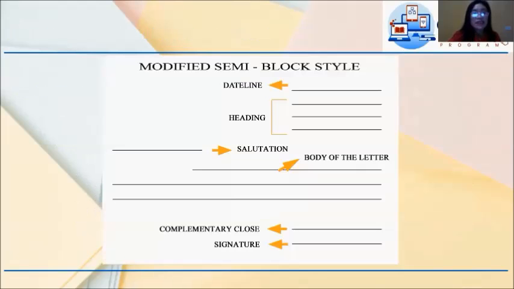Okay, so just like this one. So in here, this is a modified semi-block style or format. So as you can see, the date line, heading, and complementary clause and signature are aligned from the right area, and the paragraphs or the paragraph is indented.